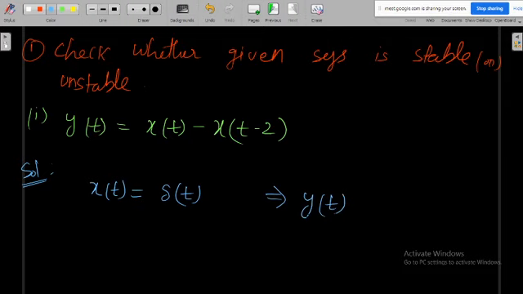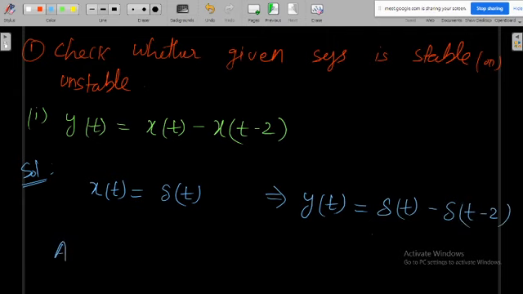Now y of t is like an impulse response, so replace x of t with del t: del t minus del t minus 2.